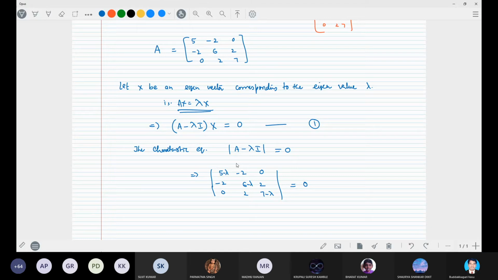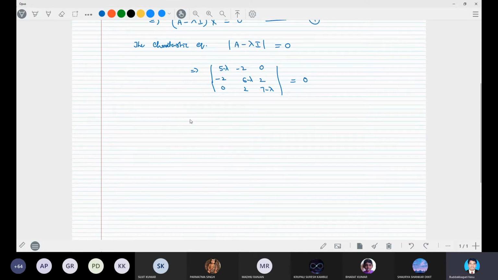Now its determinant implies (5 minus lambda) into (6 minus lambda)(7 minus lambda) minus (2 into 2 into (7 minus lambda)), minus 0 plus 0 is equal to 0.